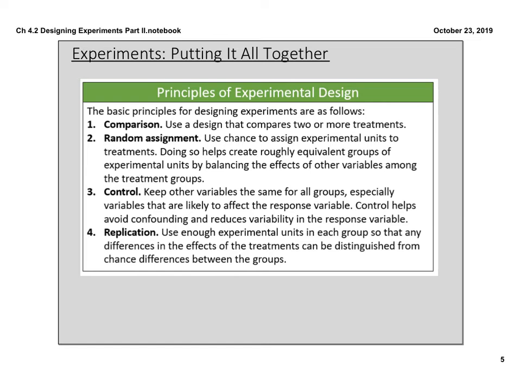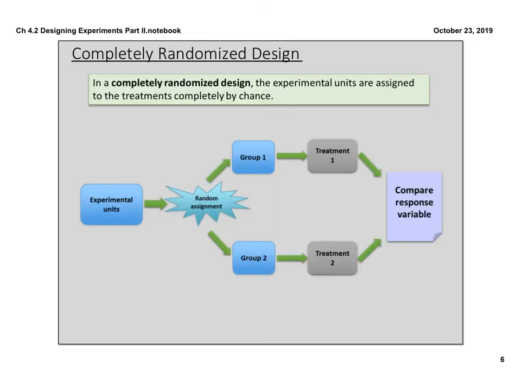They have common characteristics. You do your best to control as much as you can. Sometimes that means controlling their environment, depending on what you're testing. And then replication just means that you use enough experimental units so that any difference in the effects of the treatment can be distinguished from the chance difference between the groups.